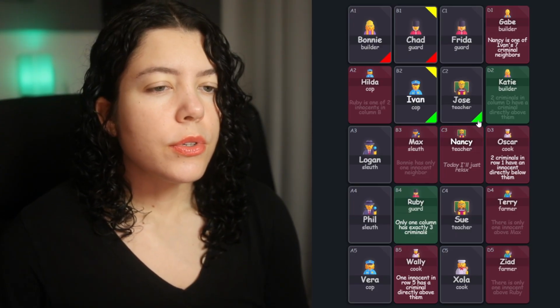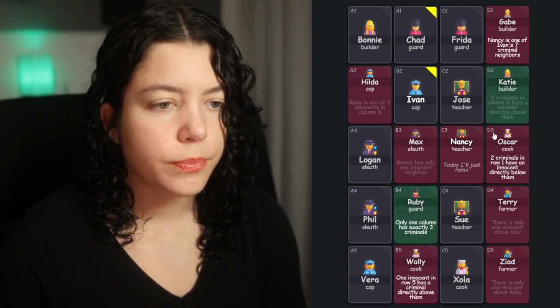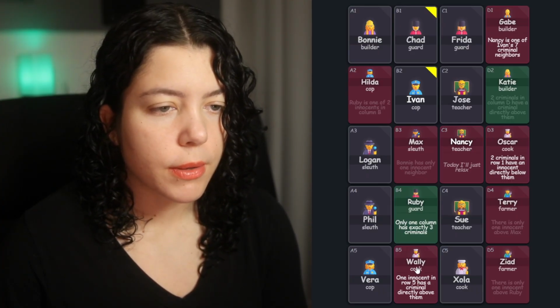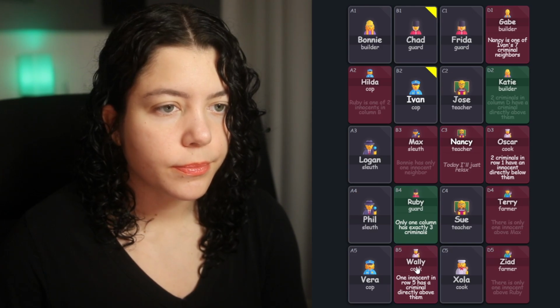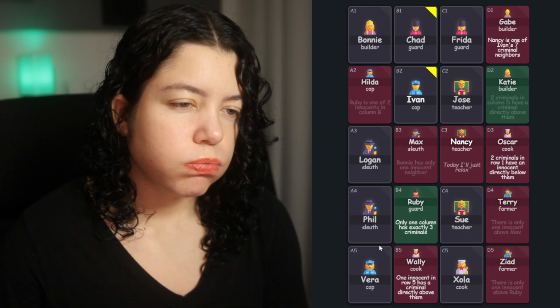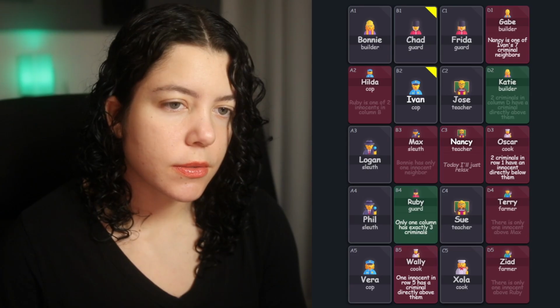But since we don't know that, how do we proceed? We know that one innocent in row 5 has a criminal above them. Really hard to think about this.